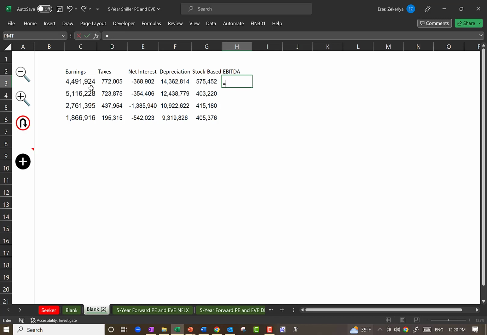So EBITDA, earnings, plus taxes, plus this is net interest income, so that's actually going to be minus, plus depreciation, plus stock-based compensation.